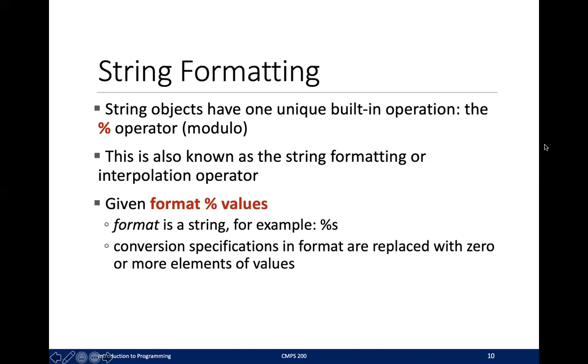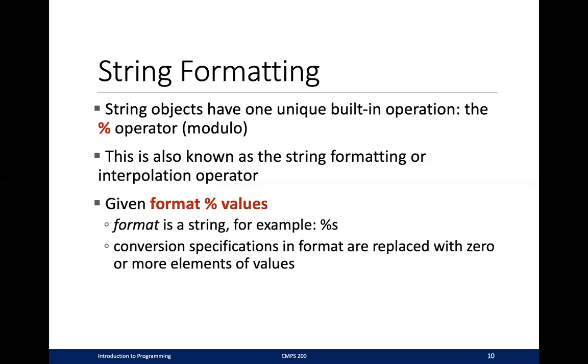So what is string formatting? It's related to writing something on the console. We've been using the print statement, which prints stuff on the console, and we're assuming that it always prints strings. Whatever I give it, it's going to convert into a string and print, even if it's an integer or a float.